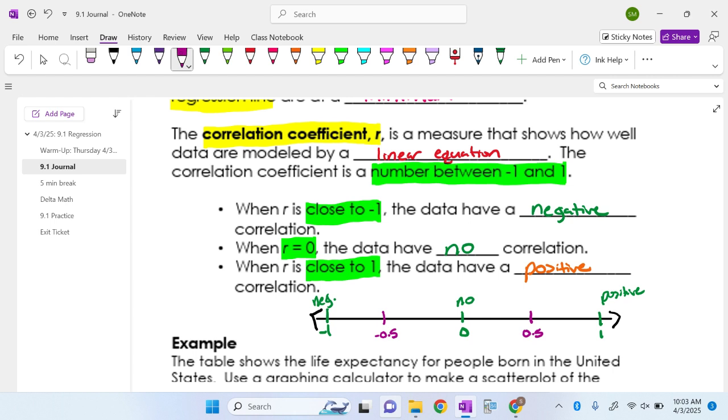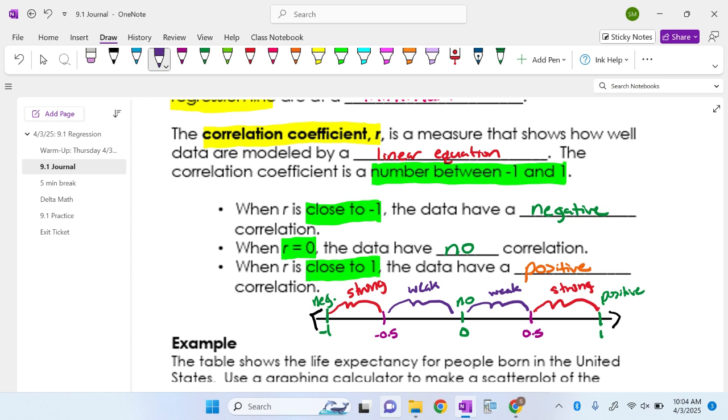If it's really close to 1 or -1, I would say that's a strong correlation. More than halfway to either side, I would say it's a strong correlation. Whereas if it's fairly close to 0, I would say that's more of a weak correlation. So less than half, I would say it's a weak correlation.